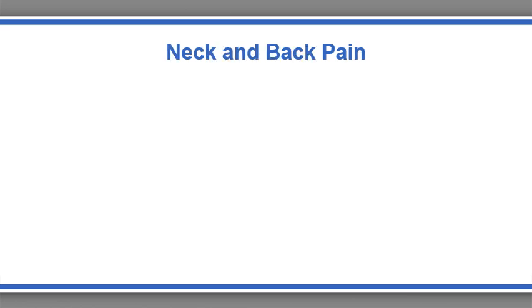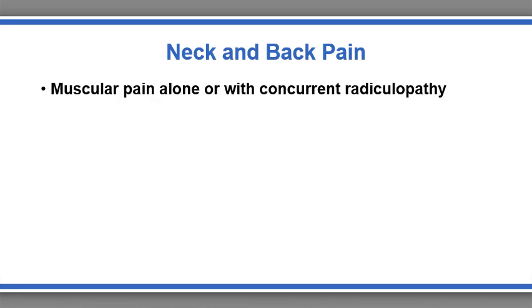So, looking at neck and back pain, because this will tie into the neurological system and issues related to nerve pain. We know that neck and back pain is very common. You're trying to determine whether it is muscular pain, or whether there is a concurrent radiculopathy.